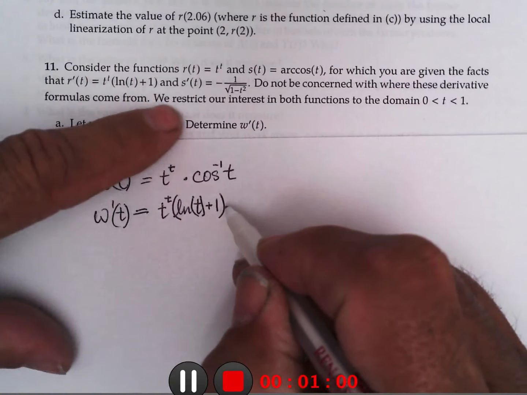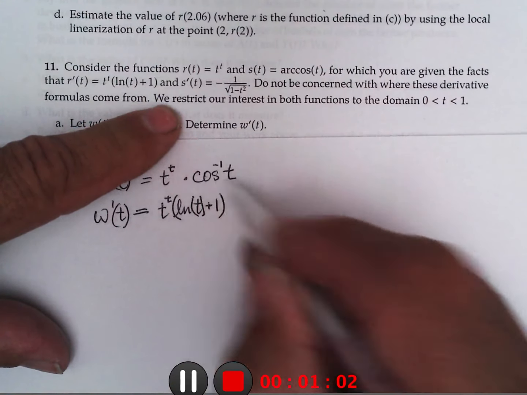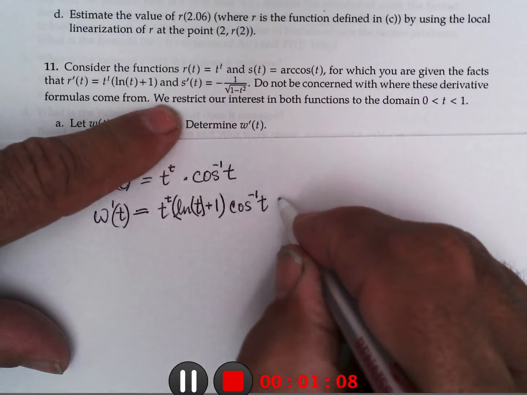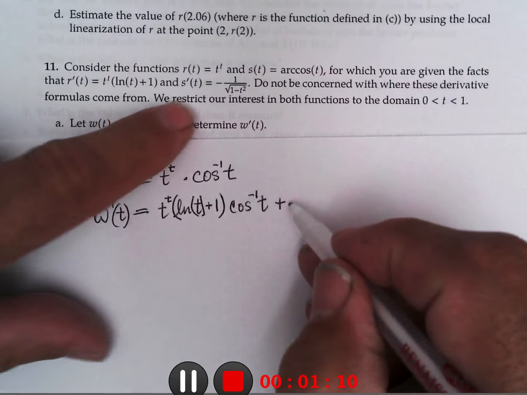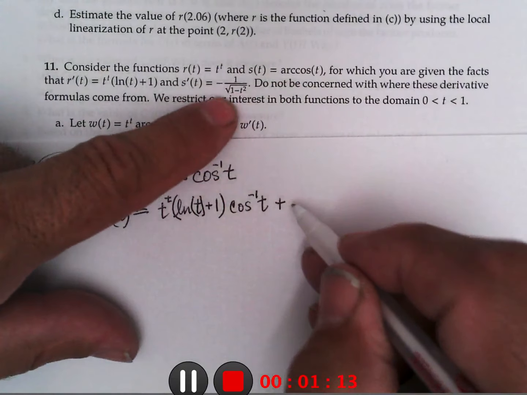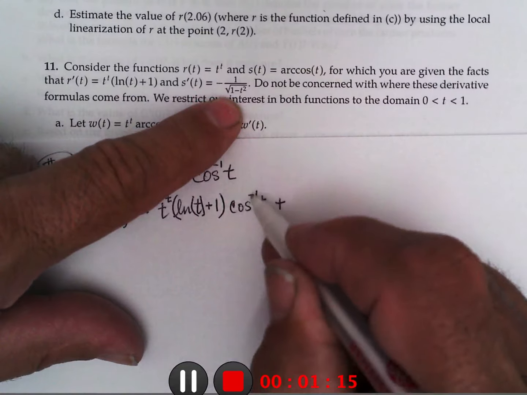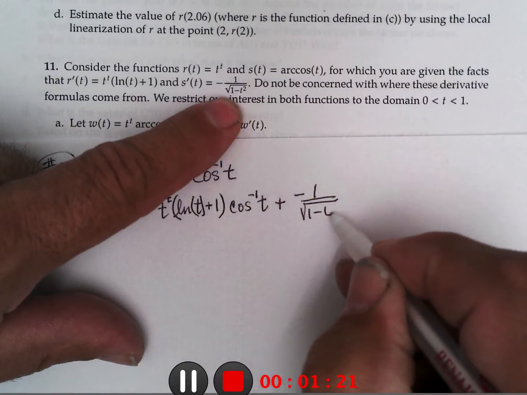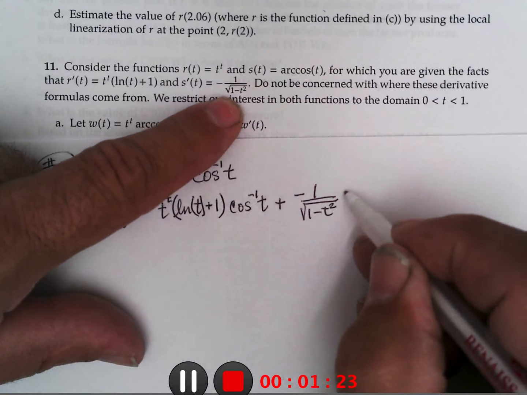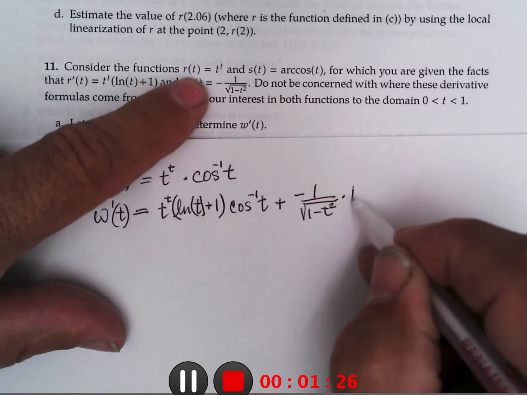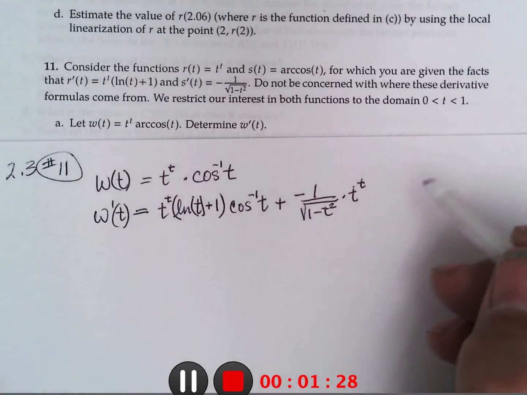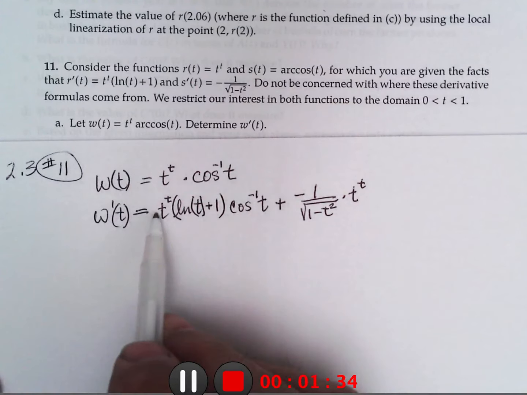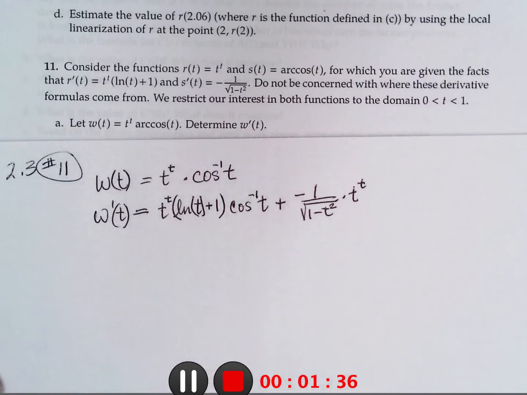That's the derivative of the first times the second, plus derivative of the second, and the derivative of the arc cosine, or the cosine inverse, is negative 1 over the square root of 1 minus t squared times the first. Okay? And I could factor out the t to the t if I wanted, but that's all they ask for, is determine what it is, so I've got that.